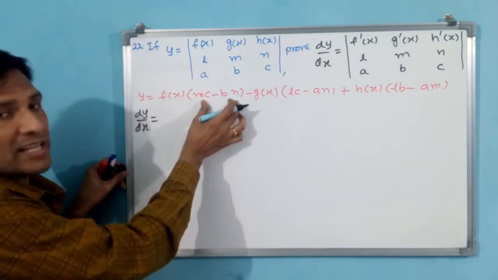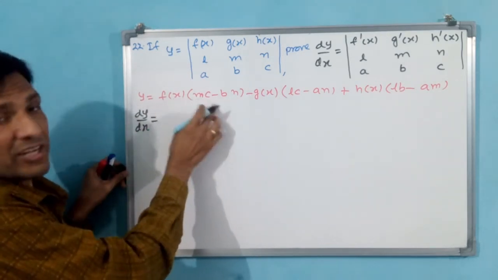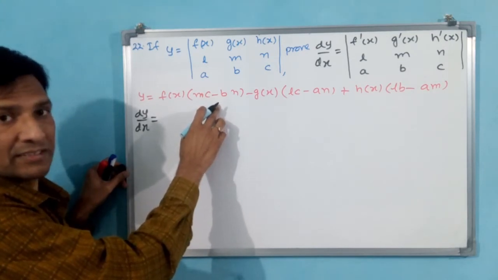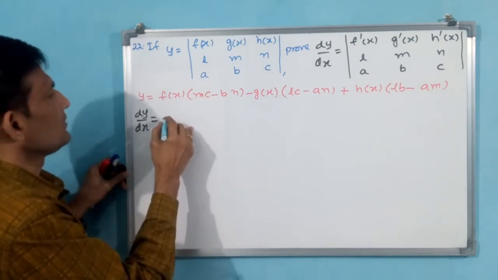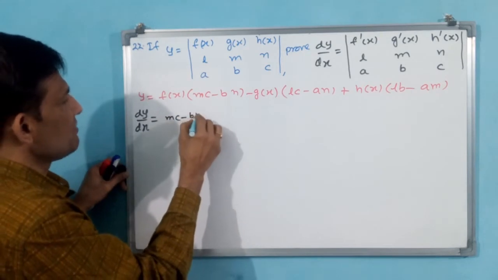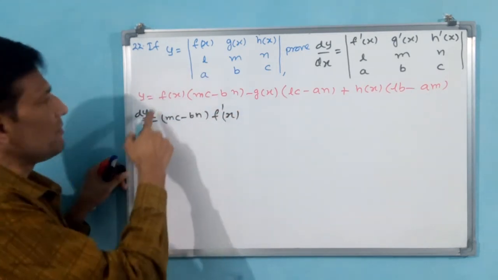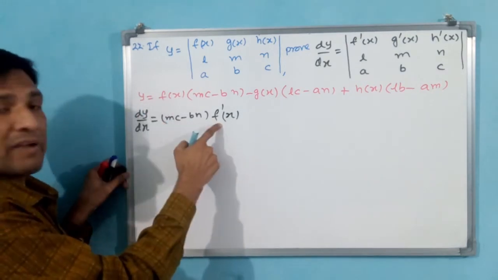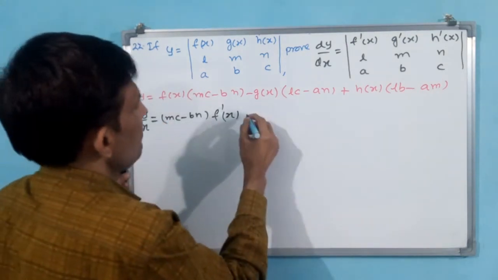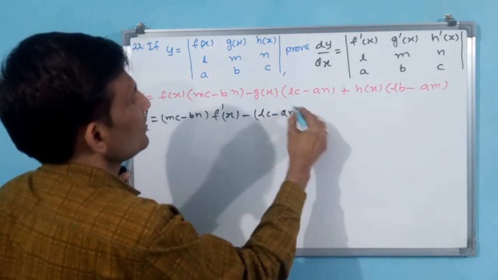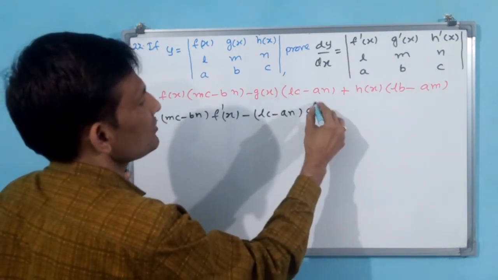Function multiplied with constant means this is an element, not a constant. Okay. Element you take out, mc minus bn, then f dash x. Why? Because d by dx of f of x means f dash x. Okay. Minus lc minus an also you take out. Then d by dx of g of x is equal to g dash x.